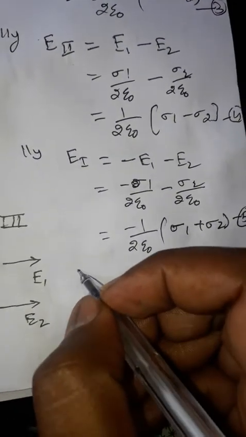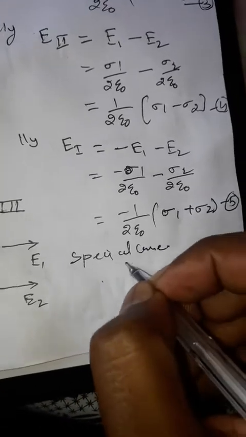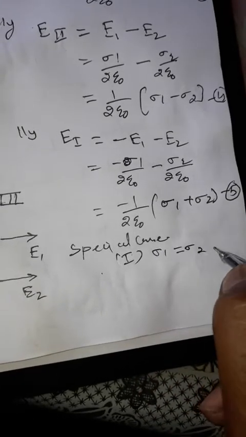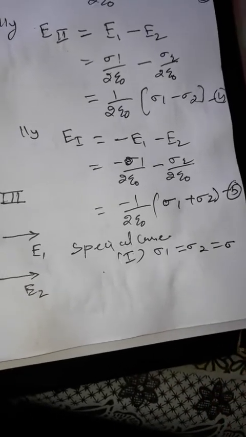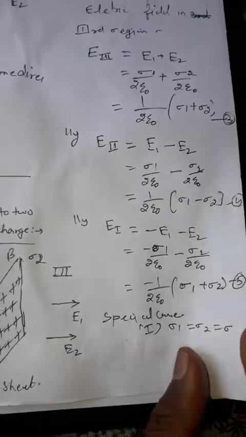So case 1 is when sigma 1 equals sigma 2, which is equal to sigma.